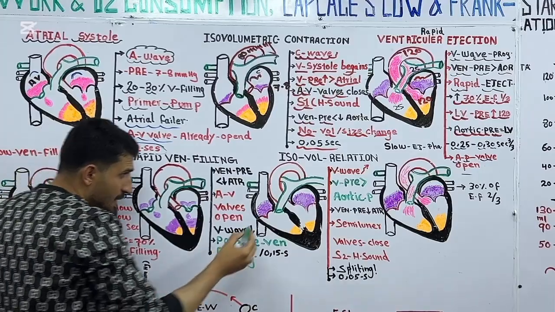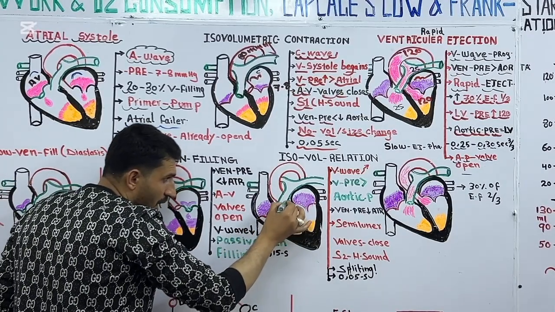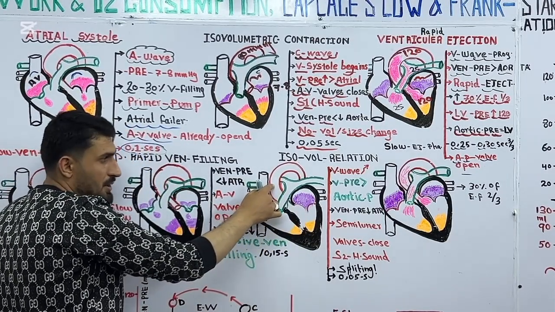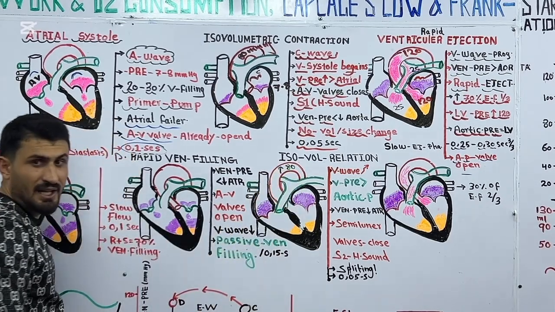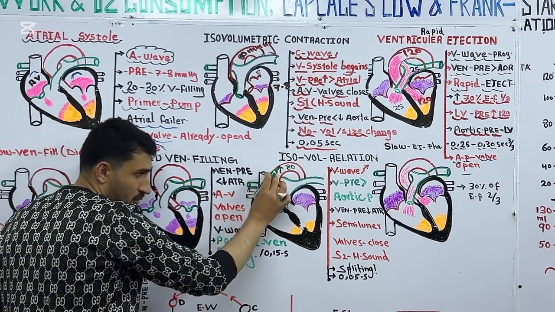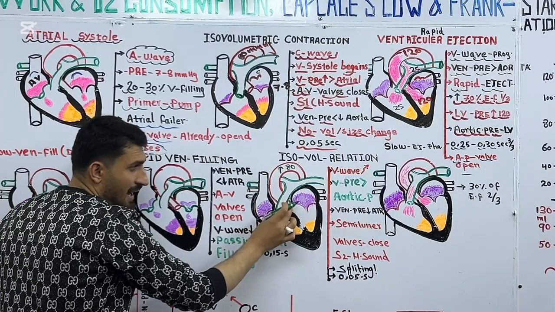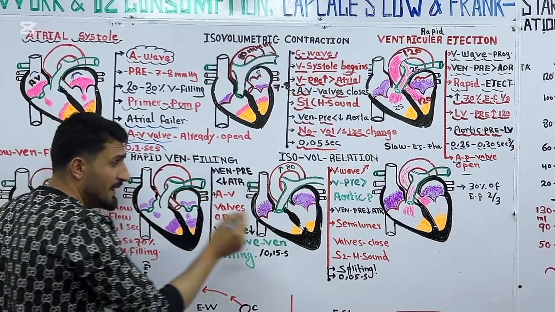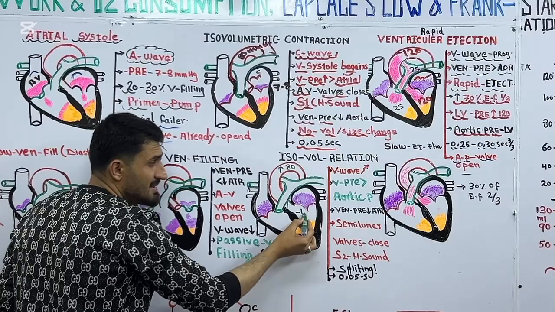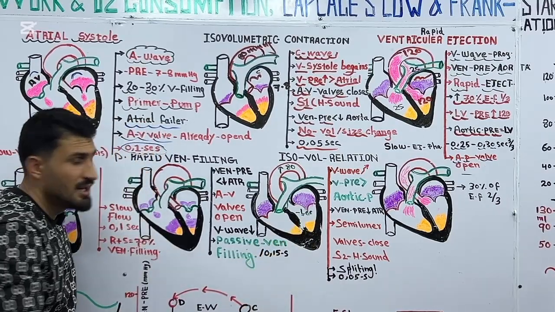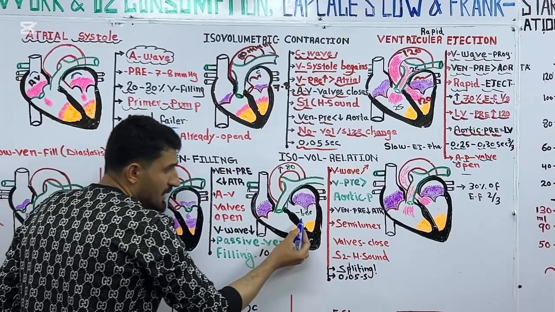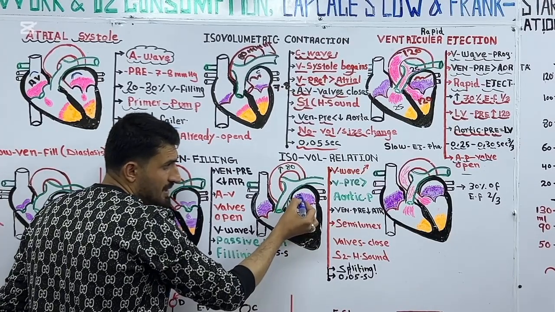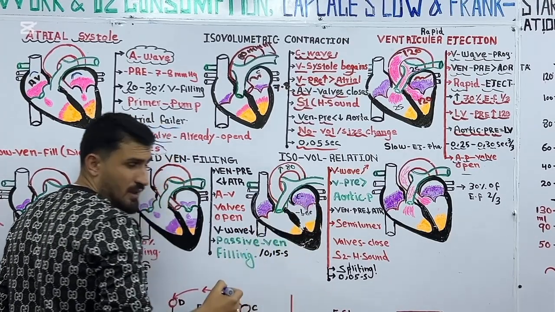Because in aorta now pressure is around 80, here pressure also drops, it's around 80, and in the left ventricle pressure is less than 80, it means around 79. Got it? Plus for example in atria pressure is around 5 to 6 millimeters Hg.